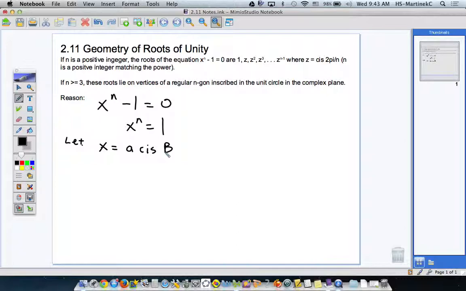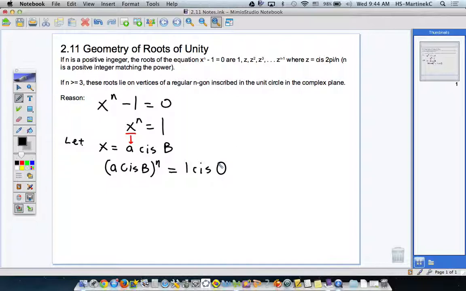All right, so then our x to the nth, our a cis B is going to replace our x, so we'd have a cis B to the nth power, and 1 is the same as 1 cis 0, because if we plotted 1, we'd be right on the positive x-axis, which means we turn 0 degrees.